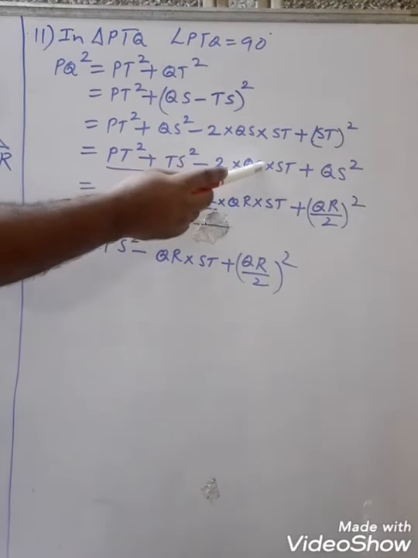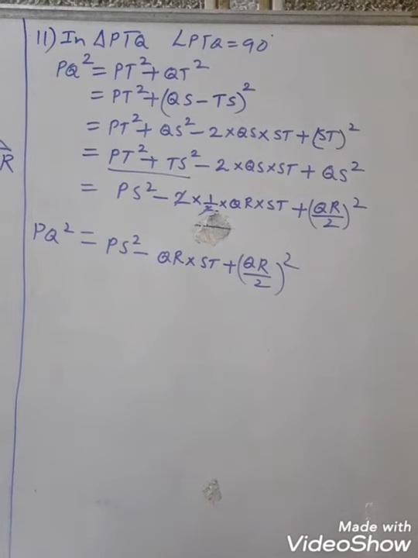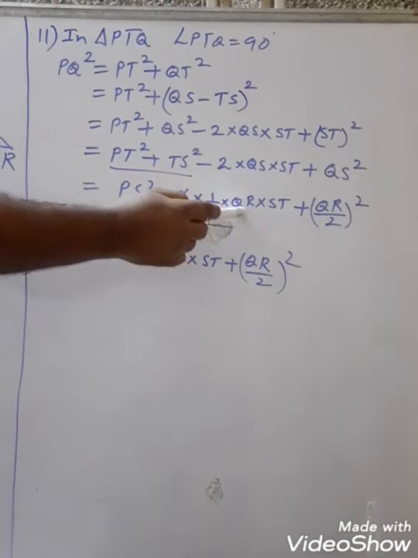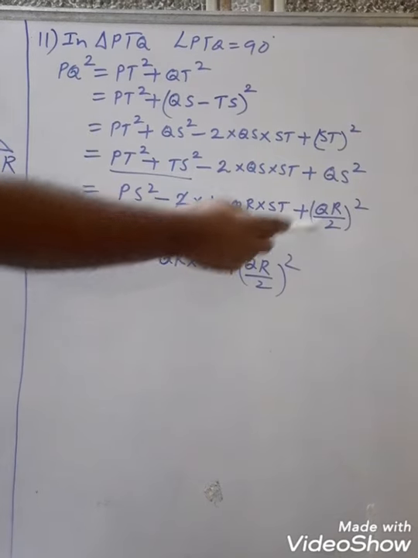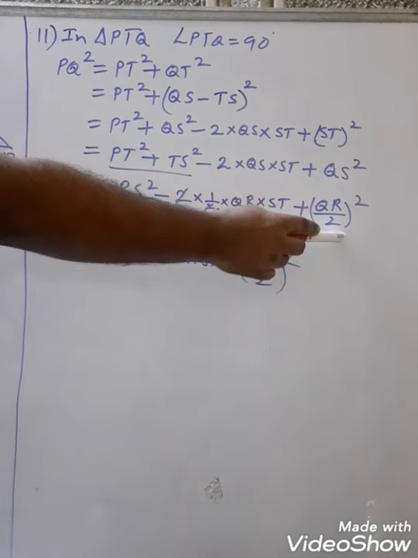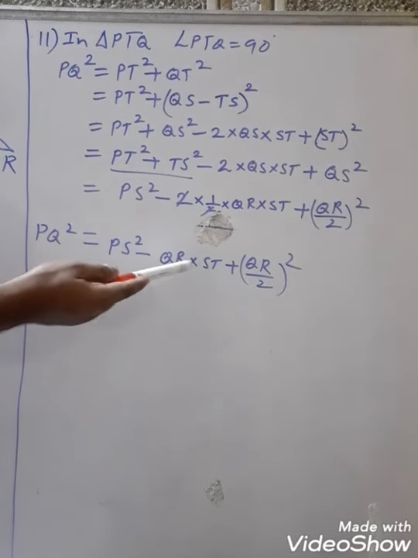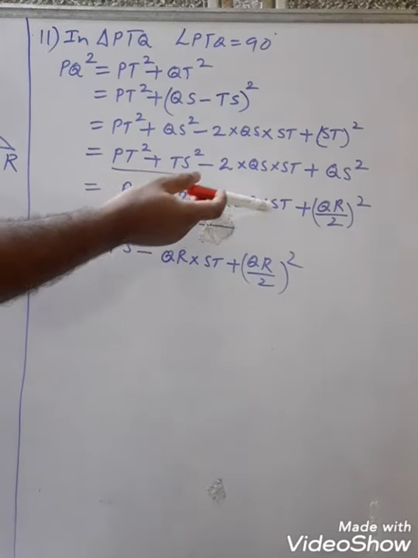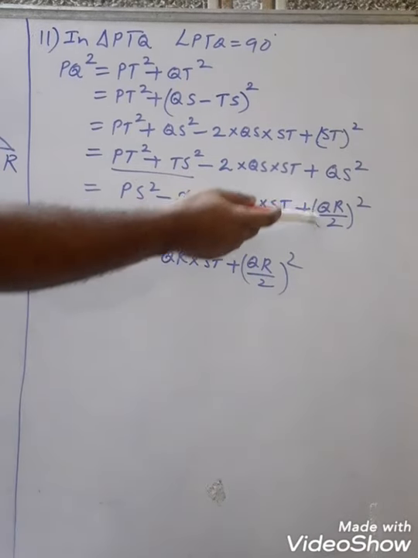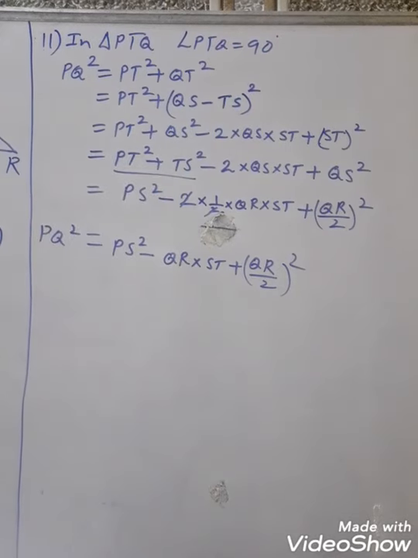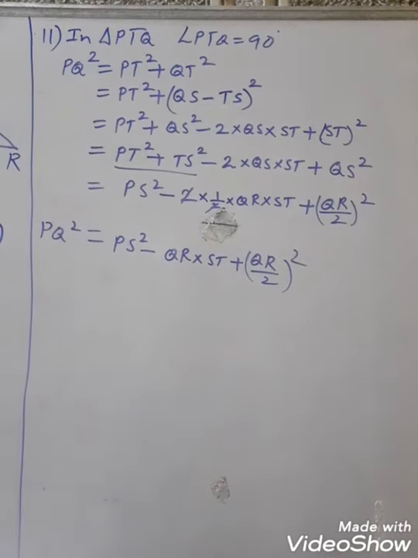This QS we already shifted here, half of QR. So in place of QS we write down half of QR. Here also QS we write down QR half. So 2 and 2 cancel. PS square minus QR into ST plus QR upon 2 the whole square. This you have to prove. That is the second part of the same sum.